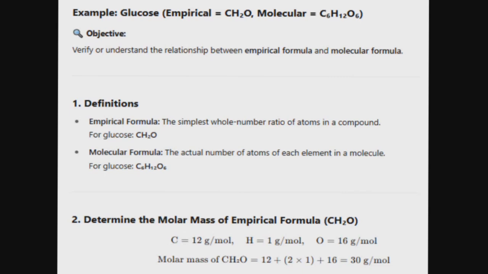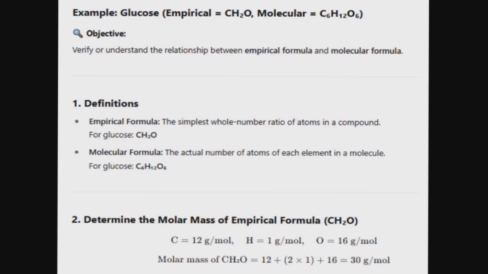So now, if you are asked to find the ratio between the empirical mass and the molecular mass, whoever is giving you the question must have given you an empirical formula for the compound they want you to find the empirical mass of, and the molecular formula for the compound they want you to find the molecular mass of.